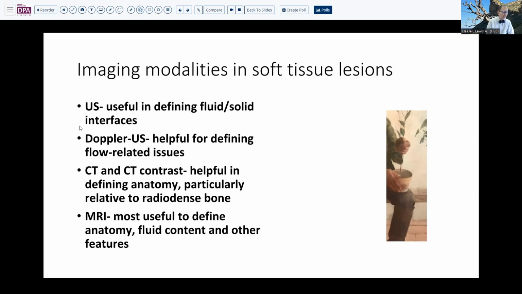MRI, of course, avoids the exposure to ionizing radiation and is also quite useful in defining anatomy, particularly relative to fluid content, fatty tissue planes, and those sorts of things. And so is quite useful in soft tissue lesions generally.